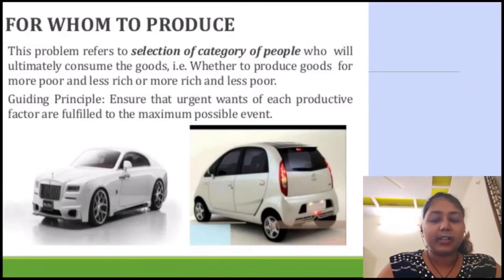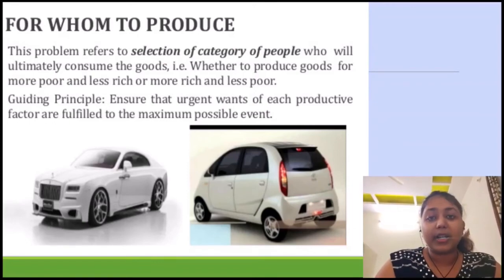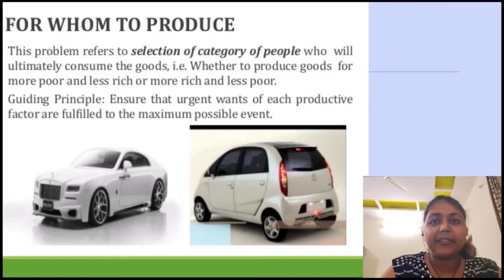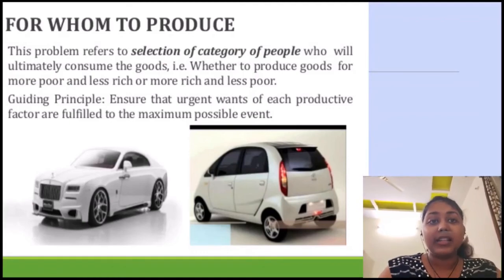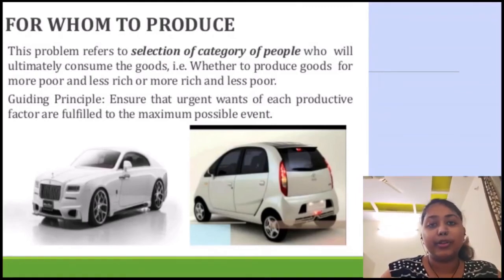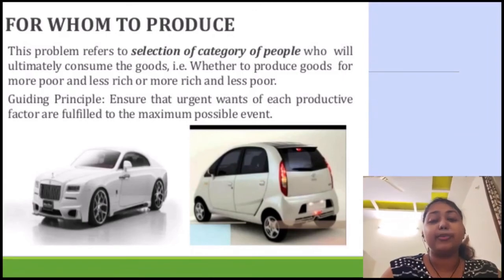If they are making a Rolls Royce, obviously they cannot make it for all 140 crore people living in India. Not many of them have the capacity to buy a Rolls Royce. So they need to select the category of people to whom they can sell the good. This is a really important thing, for whom to produce.